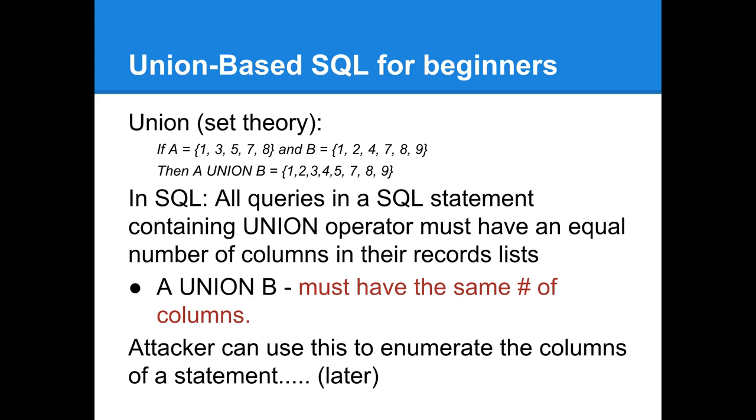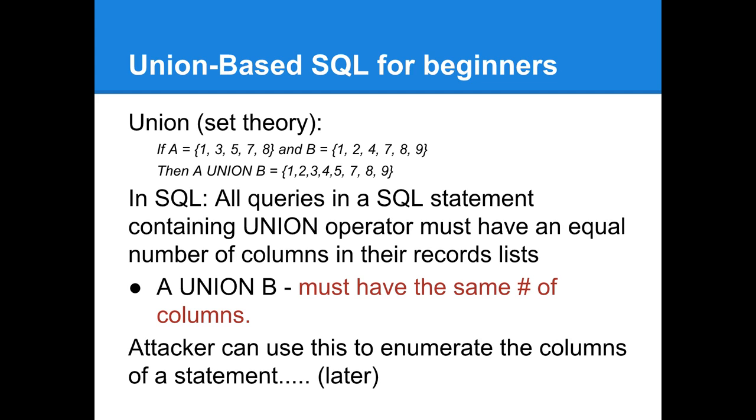Now, the next topic we have to cover is the union clause. In general, if you want to combine the set of results from two queries, you would use the union clause. One requirement, however, is that the number of columns in each result set must match. If they do not match, or if you have an uneven number of columns between the two, then syntax errors will be generated.